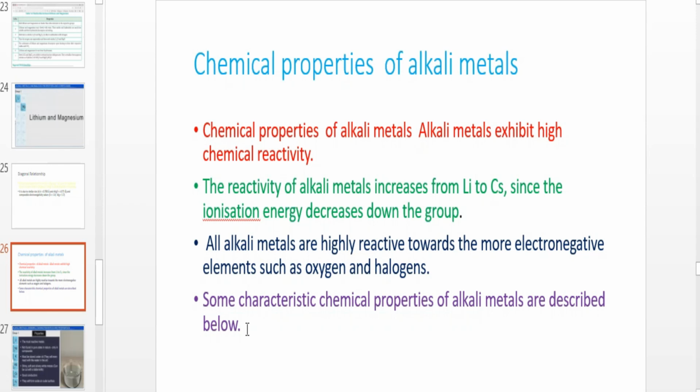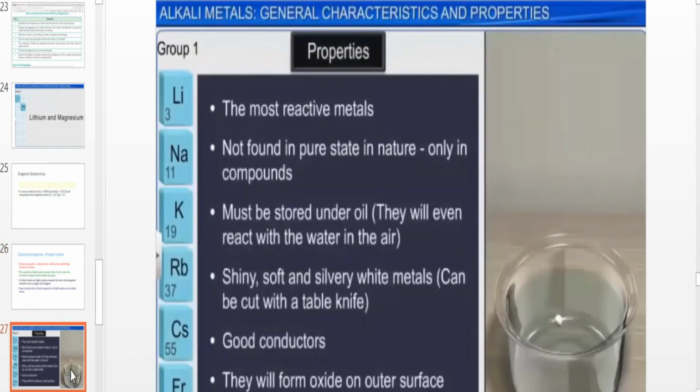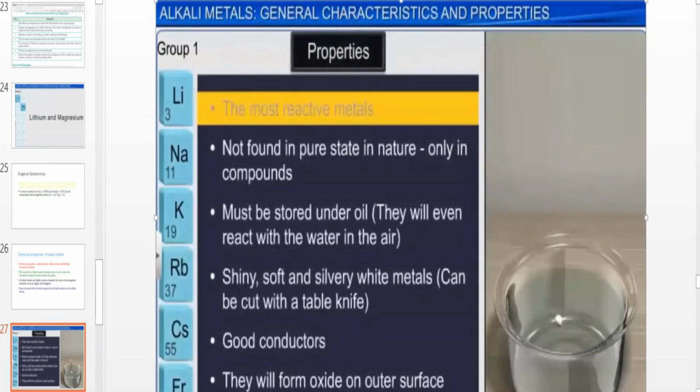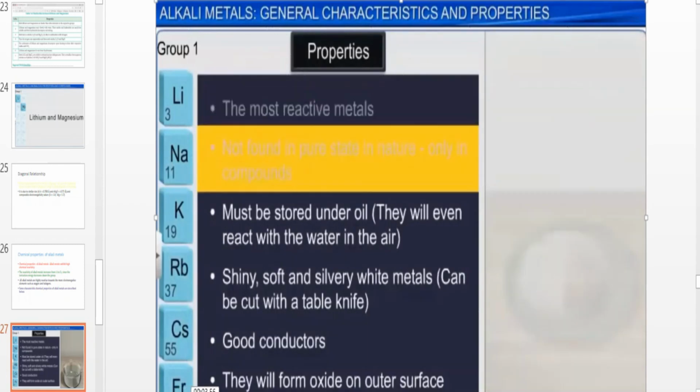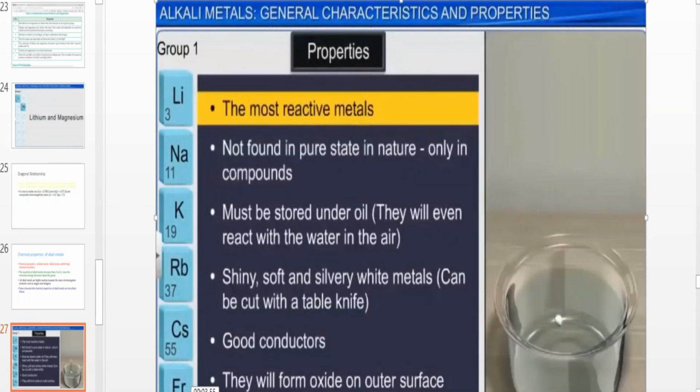Okay, then some of the properties are given here. They are most reactive metals.